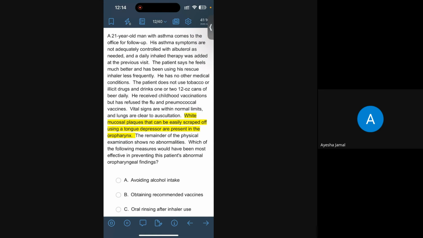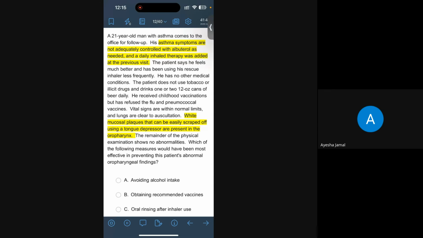The finding he is talking about is white mucosal plaques that can be easily scraped off using a tongue depressor in the oropharynx. He has an asthma problem which is controlled, and a daily inhaled therapy was added.